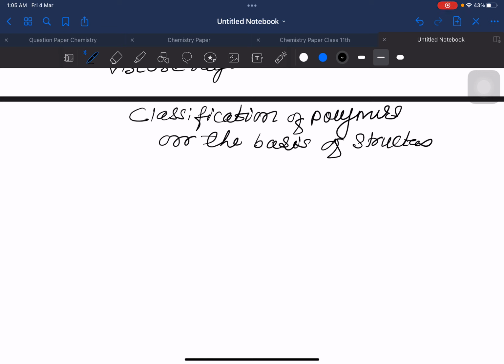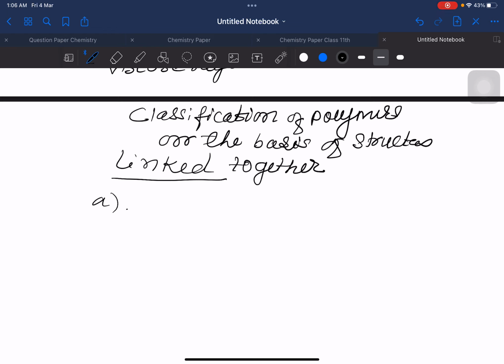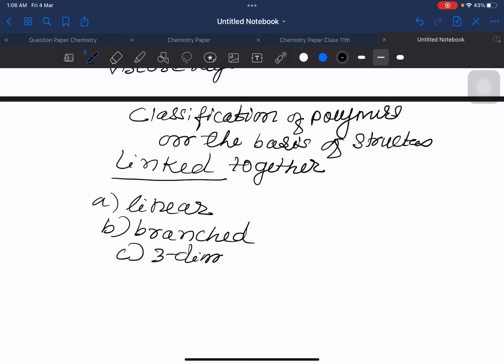Depending on how the monomers are linked together, that is, the chain configuration, polymers are classified into three general types: first linear, second branched, and third three-dimensional cross-linked polymers.